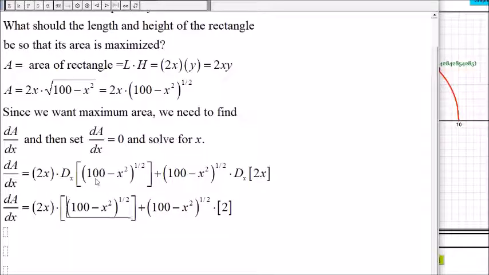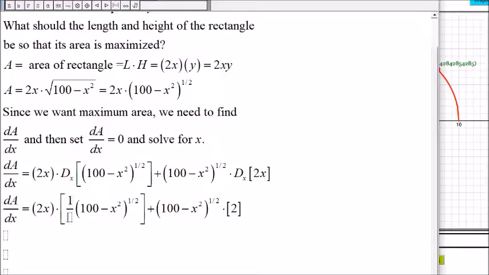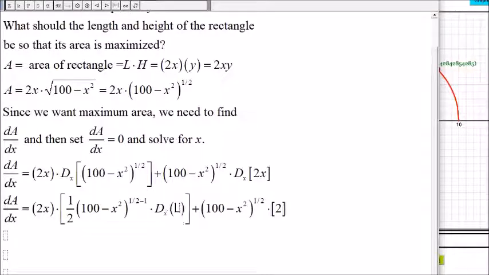Here the base is 100 minus x squared, and the exponent is 1/2. The chain rule is: put the exponent in front of the base, subtract 1 from the exponent, and then multiply by the derivative of the base.